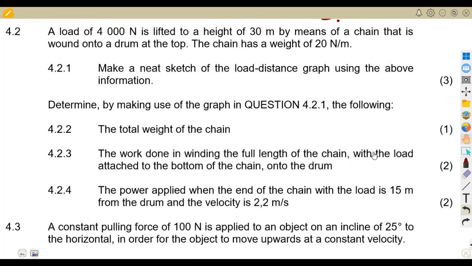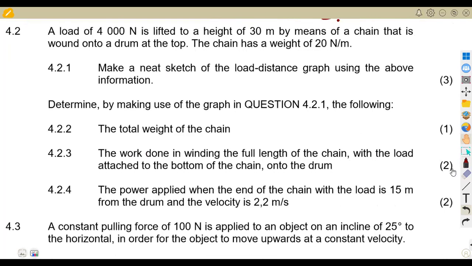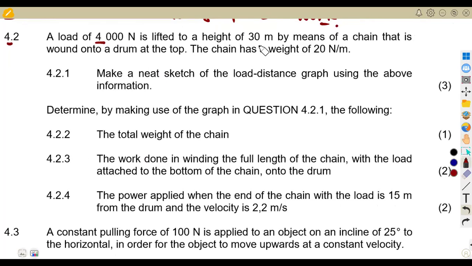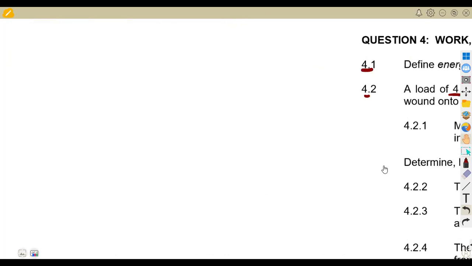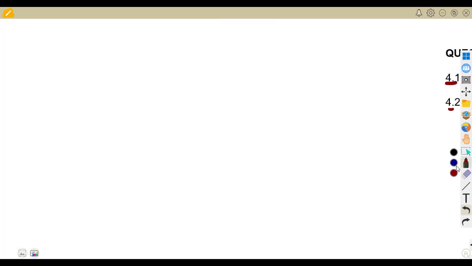Okay. Then on 4.2, we just want to understand this. There is a load of 4,000 Newton, right? And it is lifted to a height of 30 meters. By now you understand me when I'm saying the load. All right, first days maybe it was not making sense, but now it makes sense.